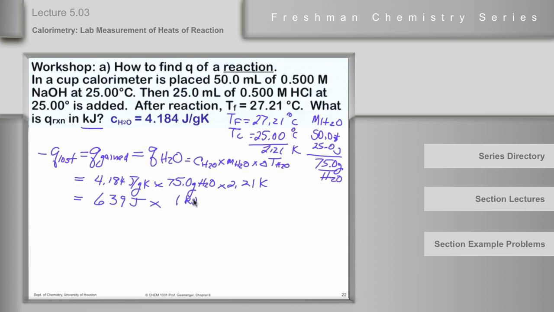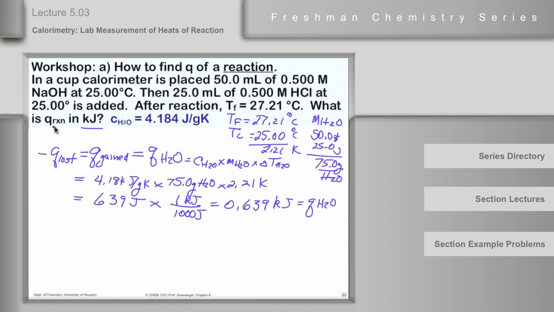Okay, now what is Q of the reaction? It doesn't say what's Q of the water, it says what's Q of the reaction. So we have to go back and think about this for a minute. Minus Q of the reaction is Q lost, so that's equal to Q of the water.